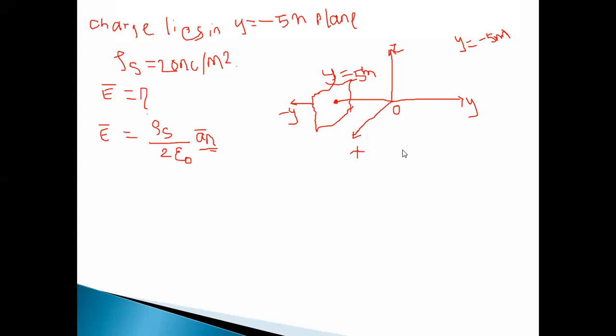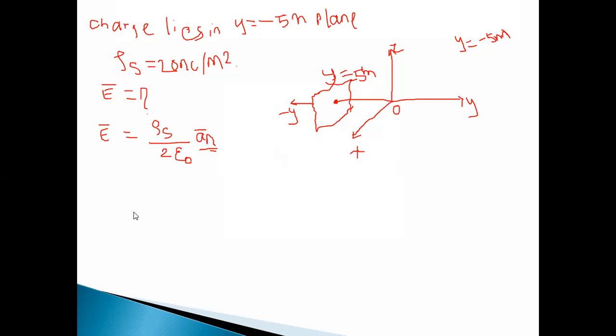Is Y the correct vector perpendicular to the sheet? Renuka? Okay, yes, you are right. The perpendicular vector to this plane is Y only, because this plane is placed in X and Z. This is your XZ plane, and it is perpendicular to the Y axis.